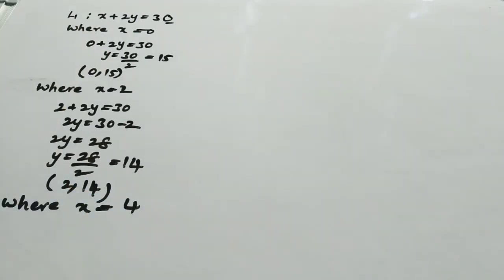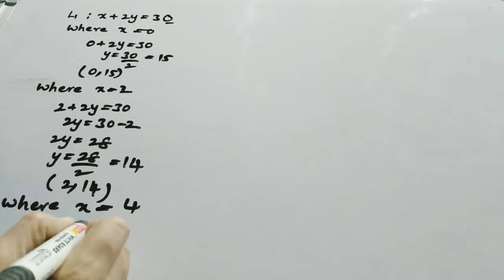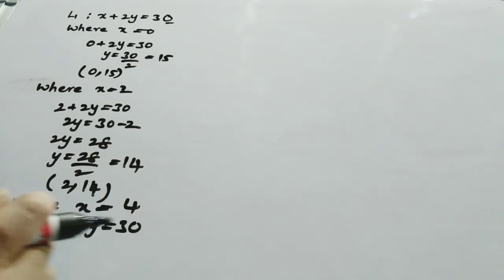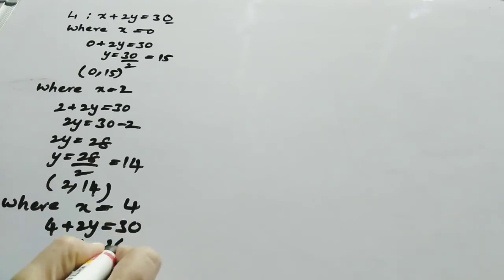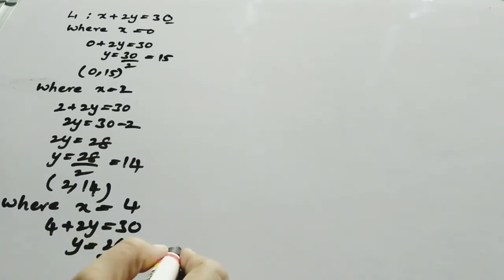Substitute in your equation: 4 plus 2y equal to 30, 30 minus 4 is 26, 26 by 2 is 13. So the coordinates are 4, 13.